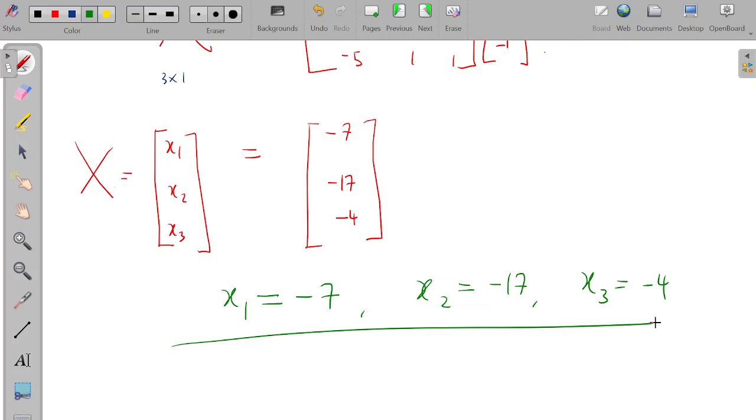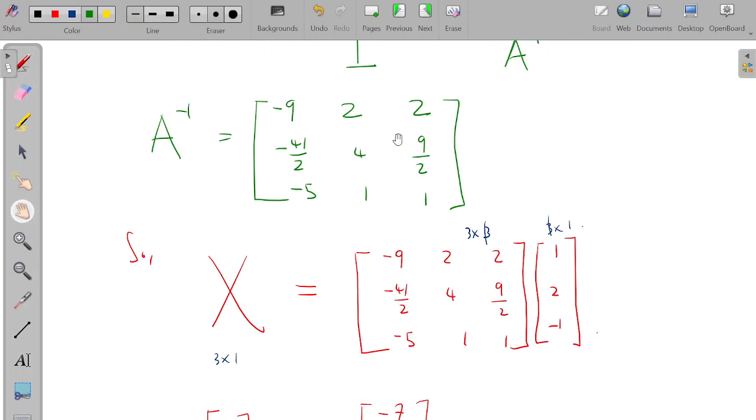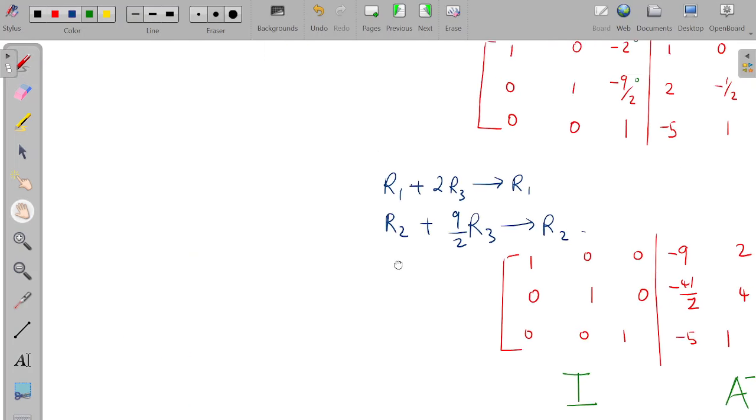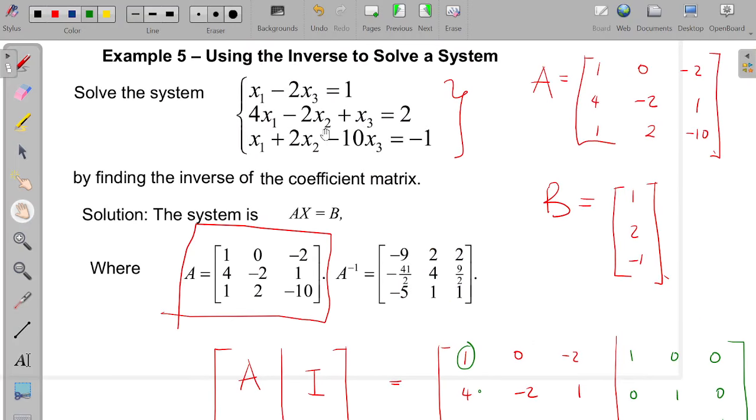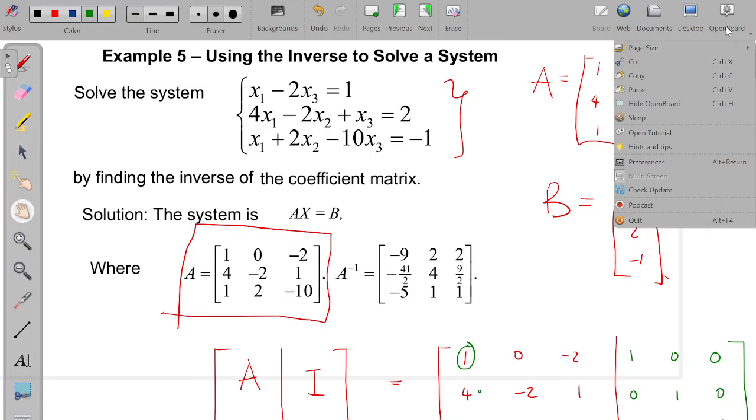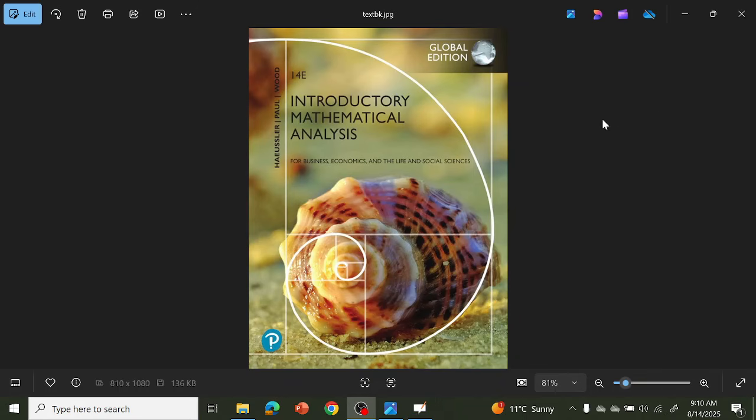So we have used the method of inverse to solve for this system of equations. So please ensure that you understand what we did.